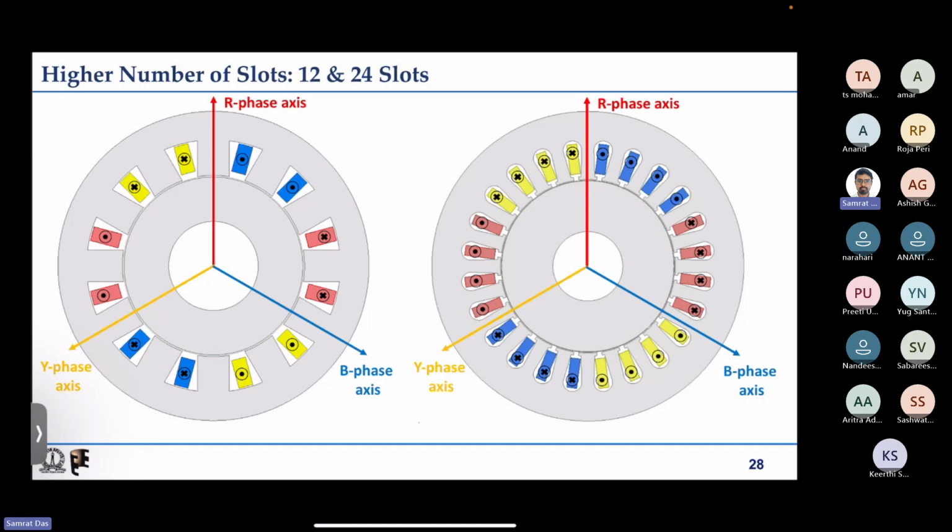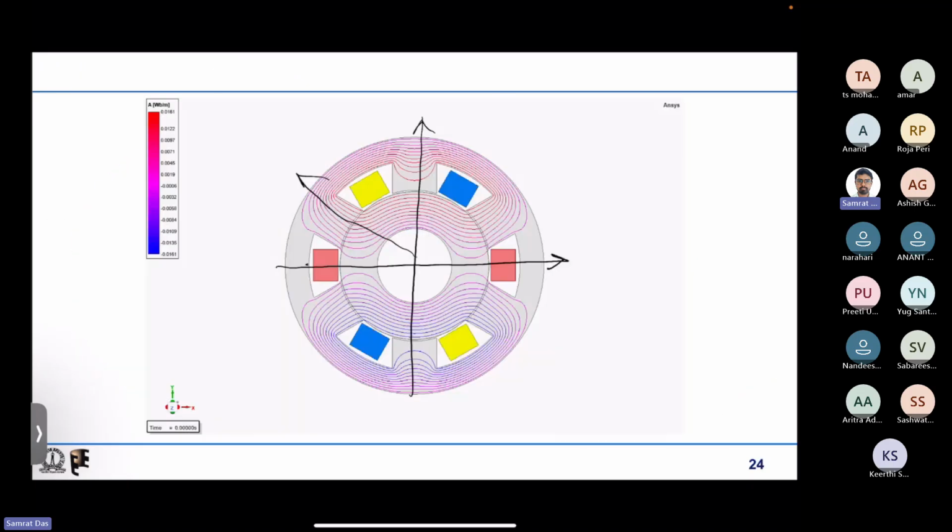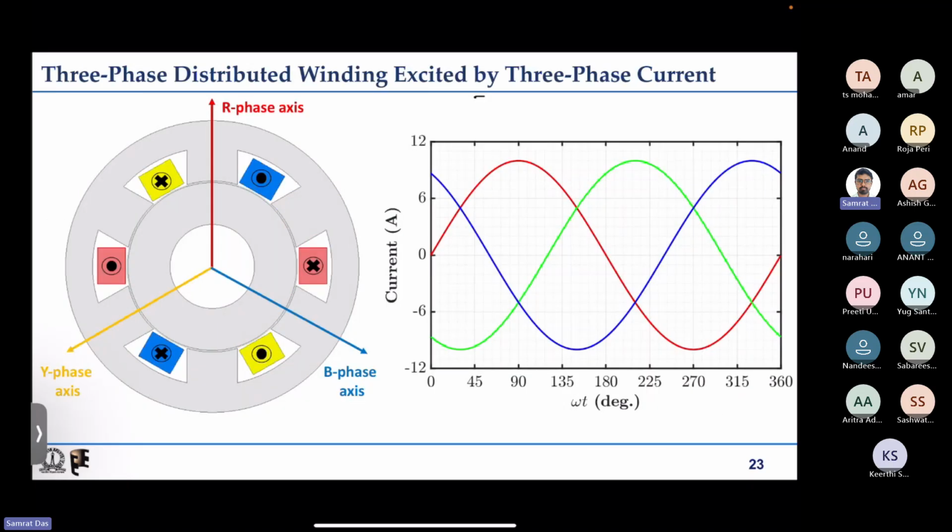This is also to show you that with distributed winding, it is possible for us to increase the number of slots and distribute the winding accordingly. If I quickly go back to the earlier case, here we had 6 slots.